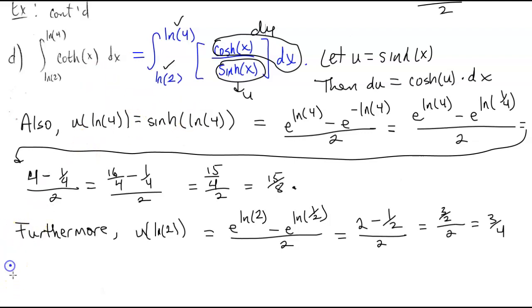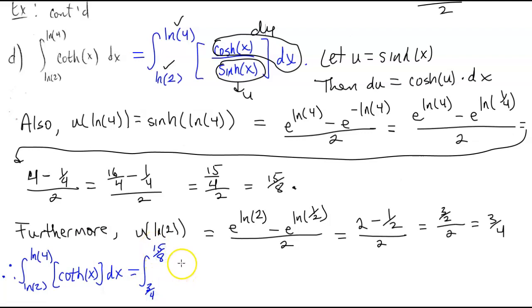So what we now have is that what we started off with is now just going to be the integral, and on the lower limit it's going to be 3/4, on the upper limit 15 over 8, and we just have du over u.